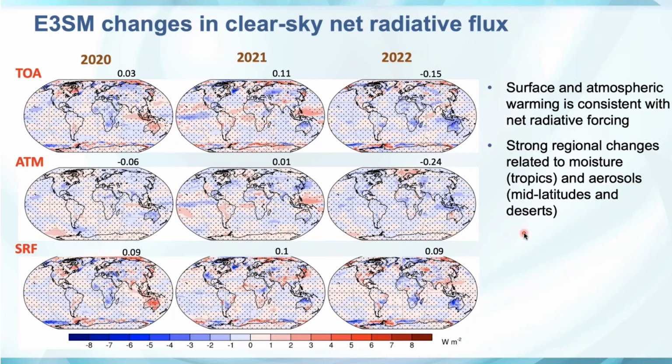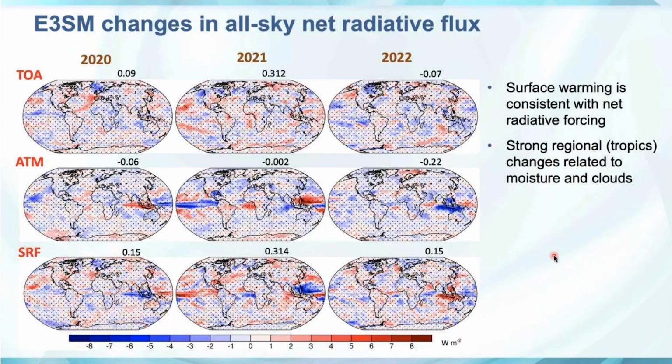But there are strong regional changes that are mostly due to moisture change and aerosol change, especially for the mid latitude. And if we add the cloud effect, looking at all sky radiative fluxes, there are larger spatial variability, as expected, because the cloud responses are less predictable.